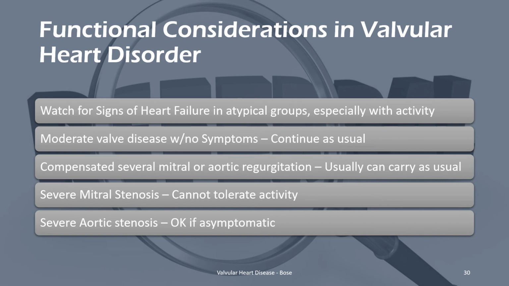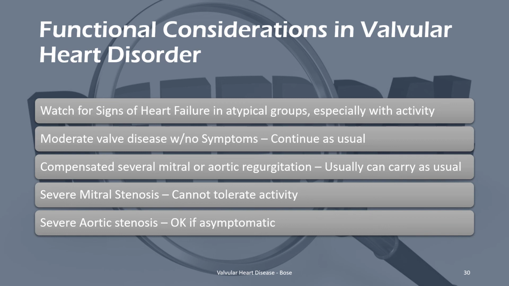Patients with severe mitral stenosis cannot tolerate any activity. These patients will need surgical intervention if this is a safe procedure to be performed. If surgery is unsafe, these patients are not a candidate for physical rehabilitation.